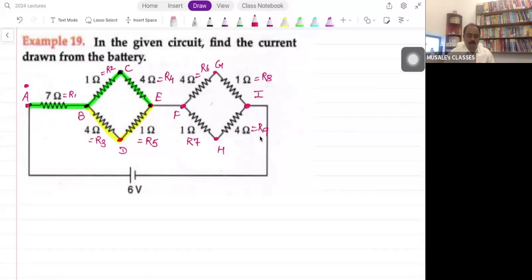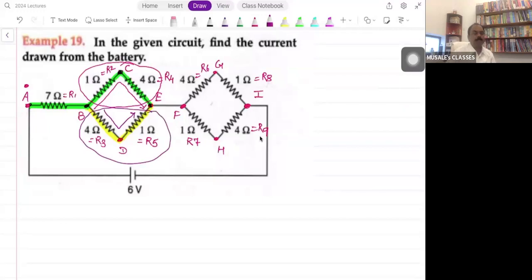Okay, remember this one, these two are in series. Why? Because whatever the current is here, the same current is flowing. Similarly, these two are in series, same current is flowing.